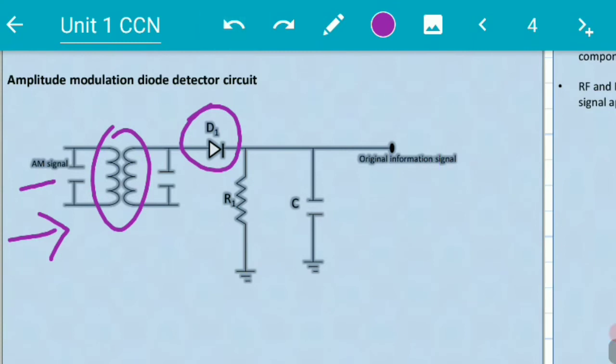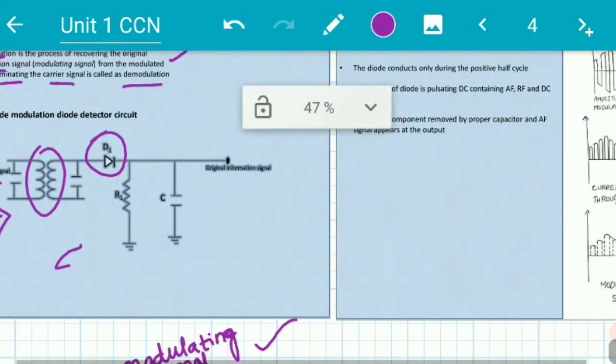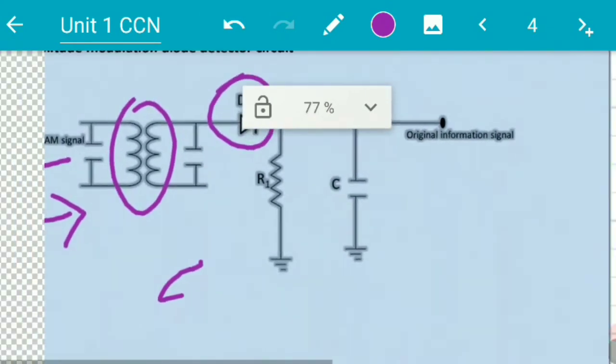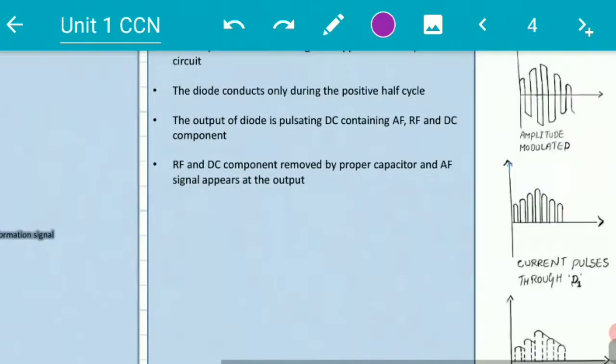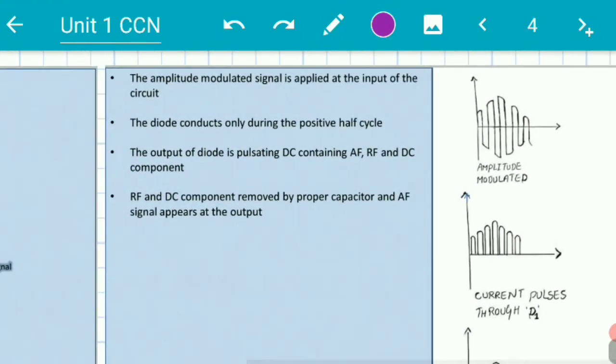It produces only positive half cycles. Then these positive half cycles are made to pass through the resistor and capacitor circuit. The resistor and capacitor circuit will recover the original modulating signal. This is what happens. So let us just go through the answer.